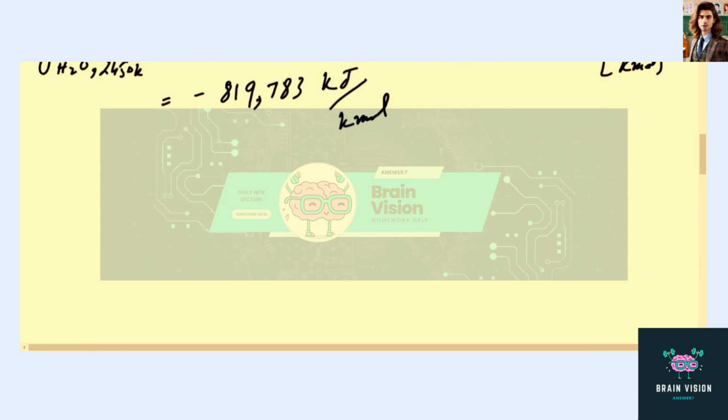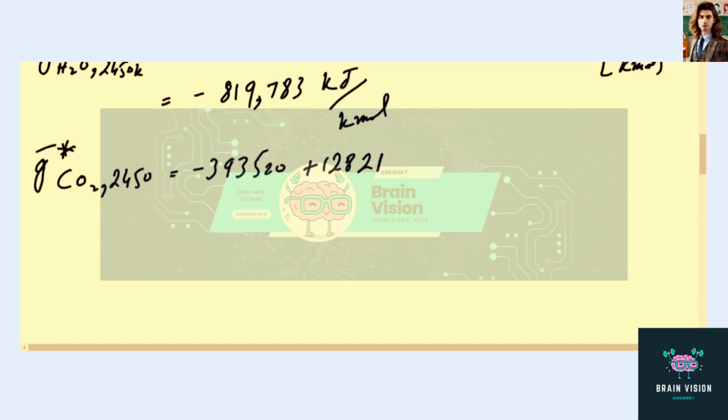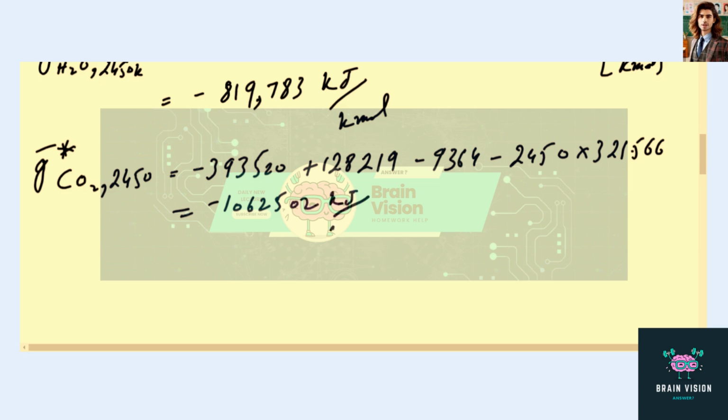Similarly, we've got G bar asterisk for CO2 at 2450, and we have minus 393,520 plus 128,219 minus 9364 minus 2450 into 321.566, and that is equal to minus 1,062,502 kilojoules per kilomole.